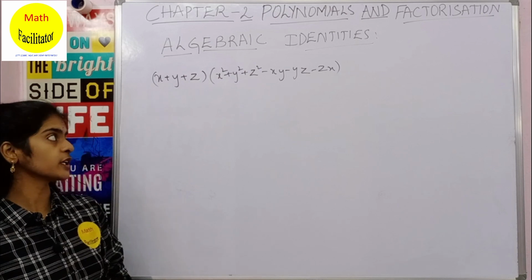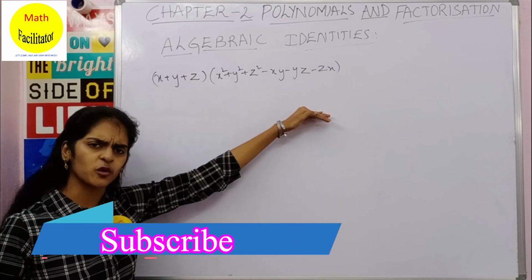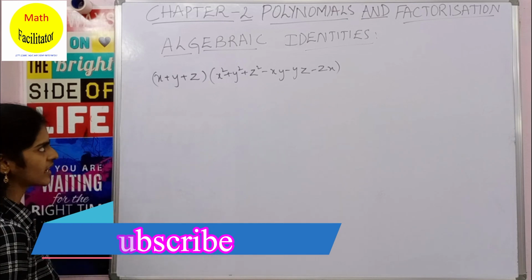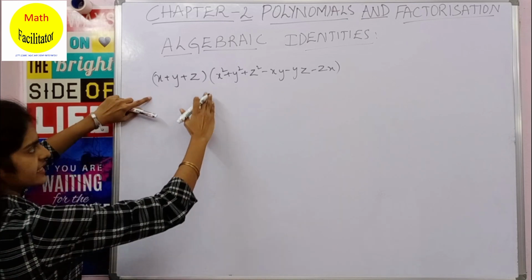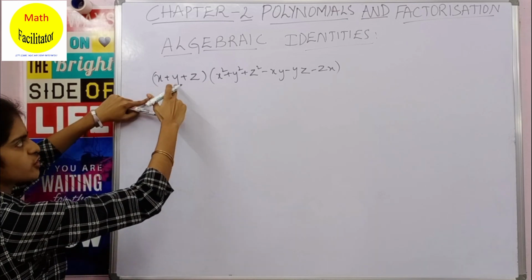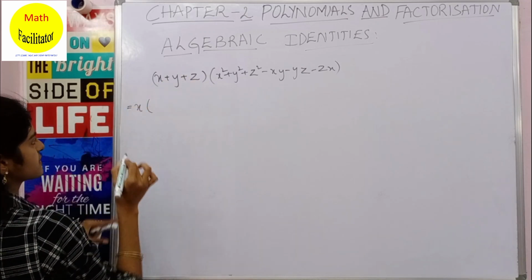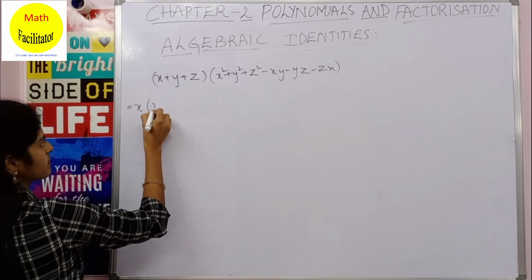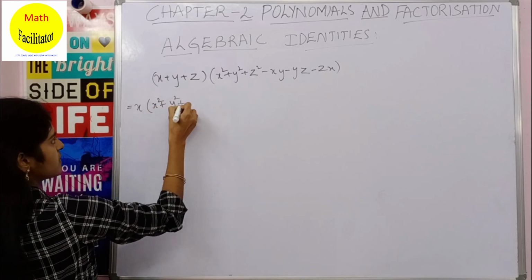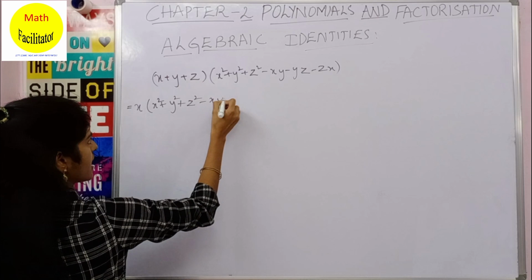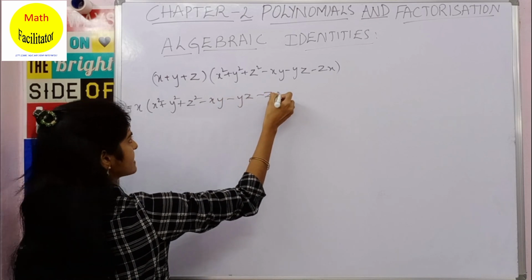Sometimes you find a question in this form. Okay, so then what do we do? We shall use this identity. Nothing but this term you will multiply with each of x, y and z. So x into this complete term, x square plus y square plus z square minus xy minus yz minus zx.